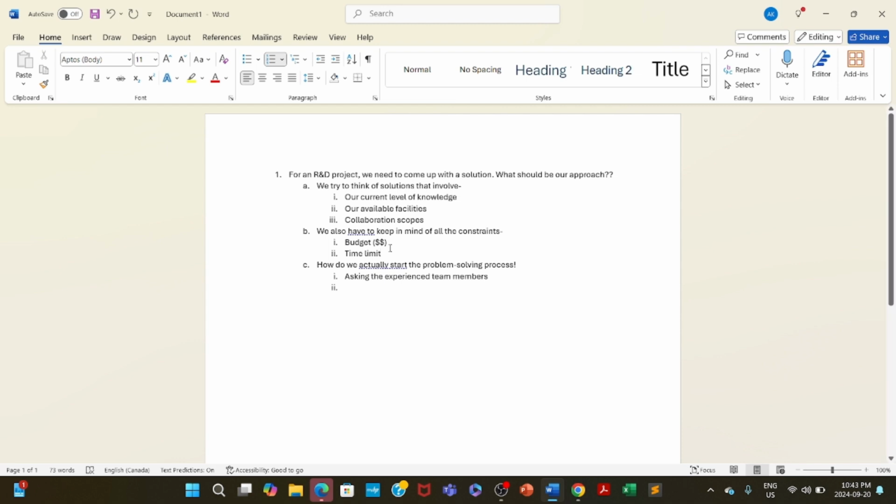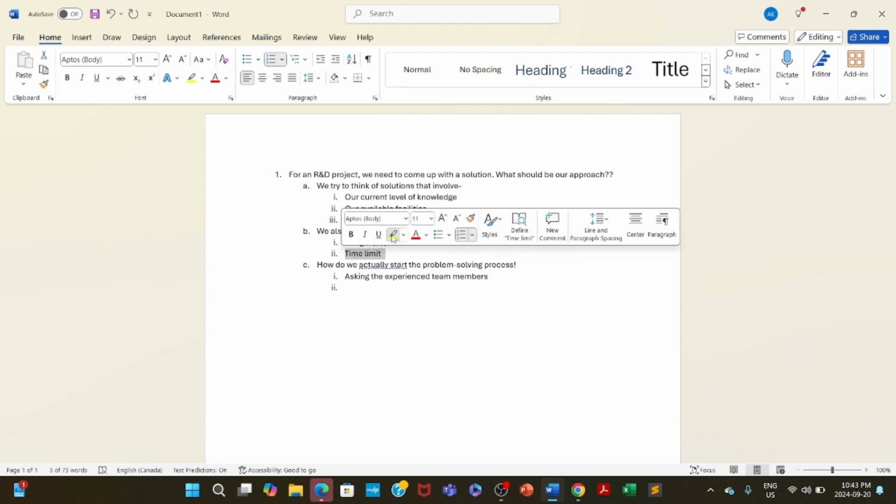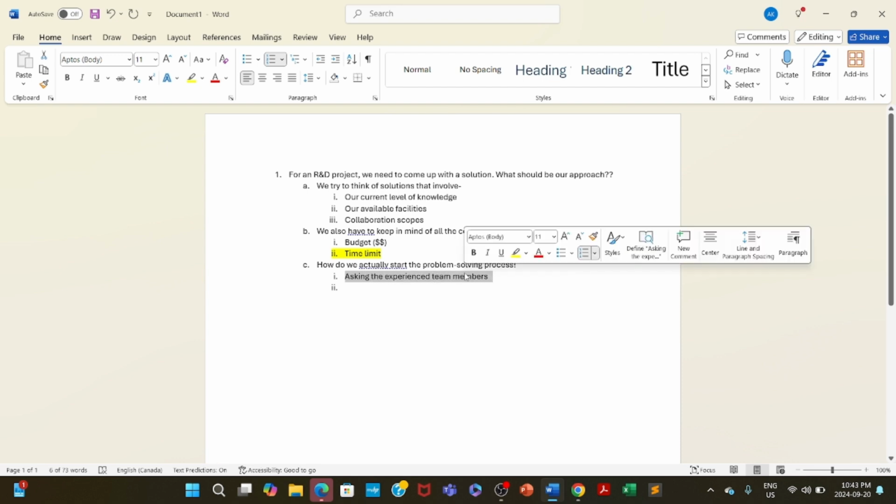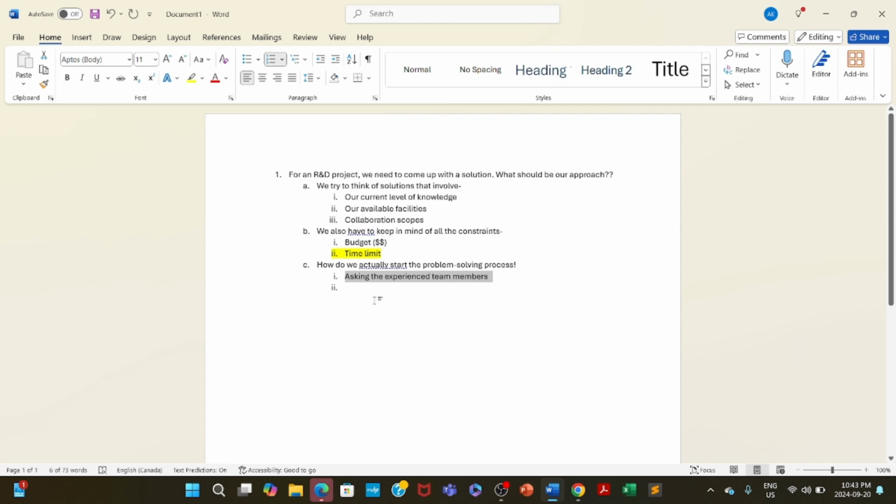But this is kind of a vague area. The time limit is quite common to have. But if I'm very new to the team, I will probably go with asking the experienced team members who are well familiar with this, and probably try to get directed.